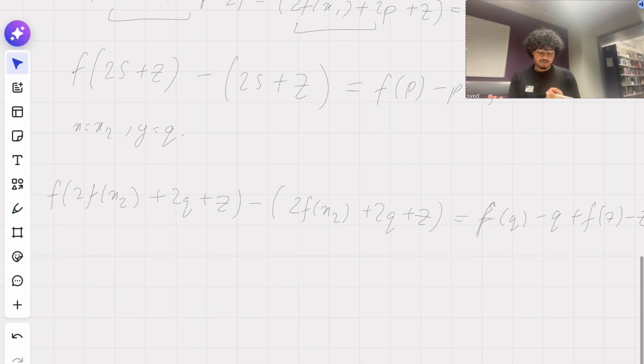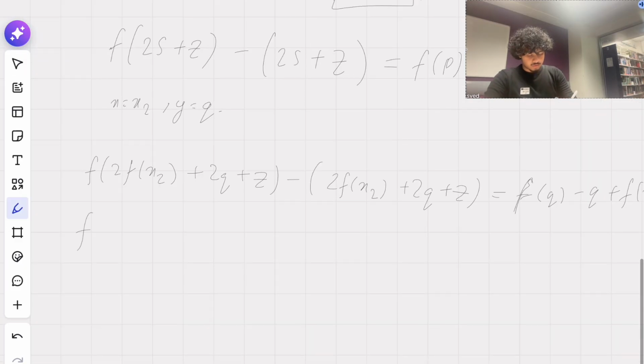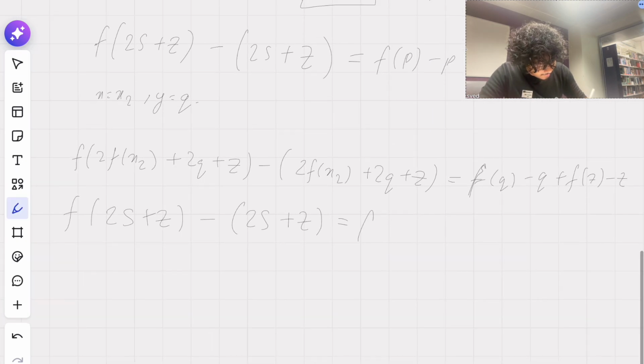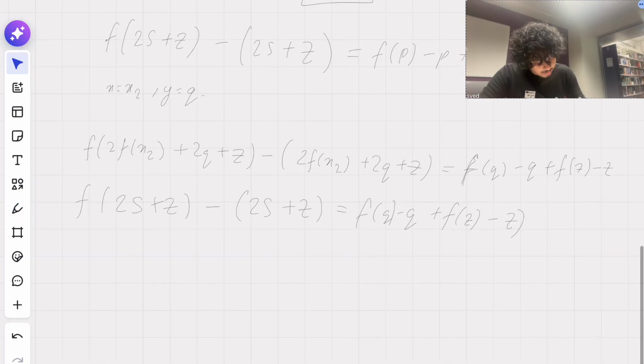And then I can use the same thing, which is I can recall s and get that f(2s + z) - 2s + z is equal to f(q) - q + f(z) - z.